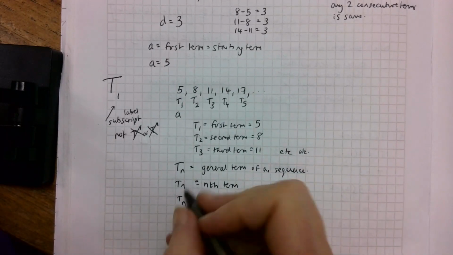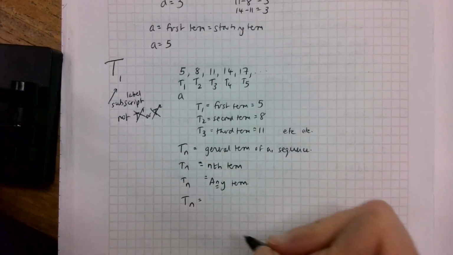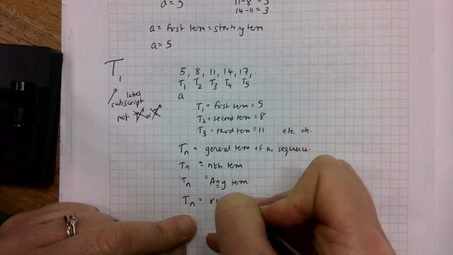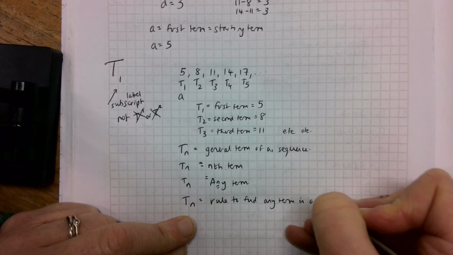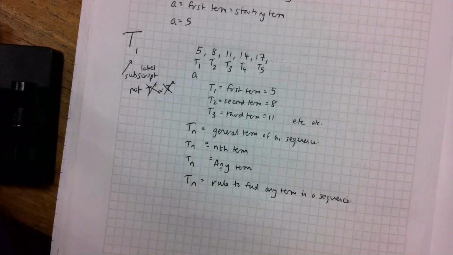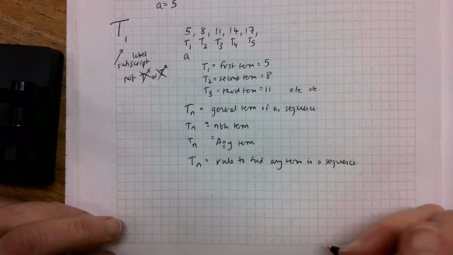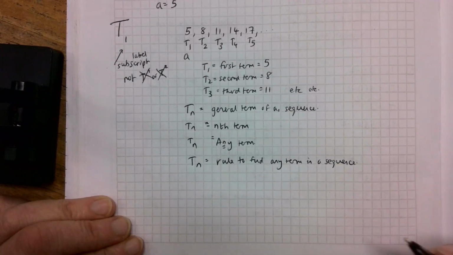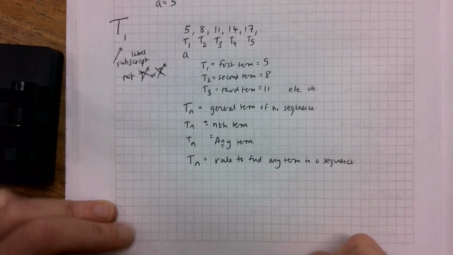Basically, when we see Tn, usually what's happening is we're being given the rule to find any term in a sequence. It's like a formula to find any term in a sequence.